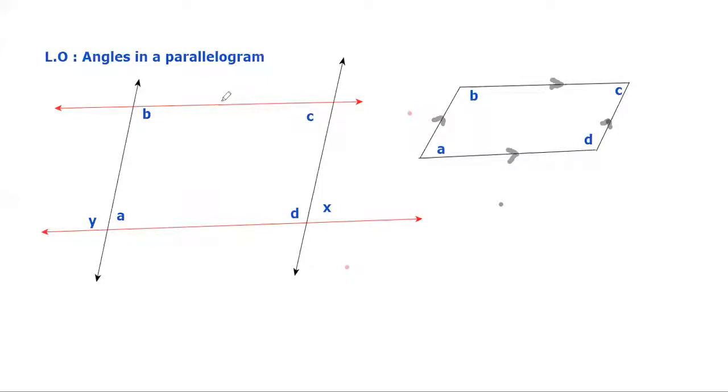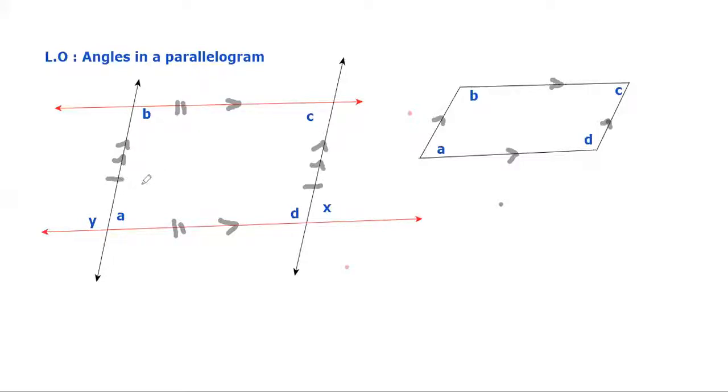If this is a parallelogram, then some things are true: this line and this line are parallel, and this line and this line are parallel. Another thing to note is that this line is equal to this line, and this line here also is equal to this line.